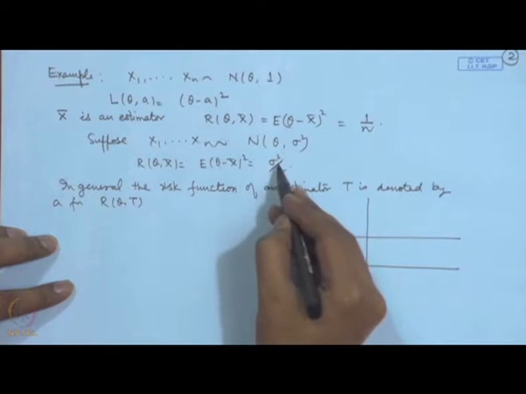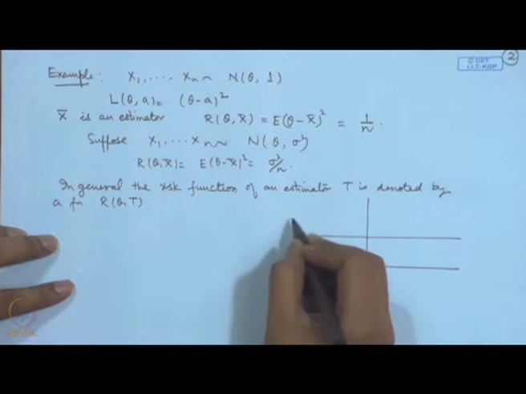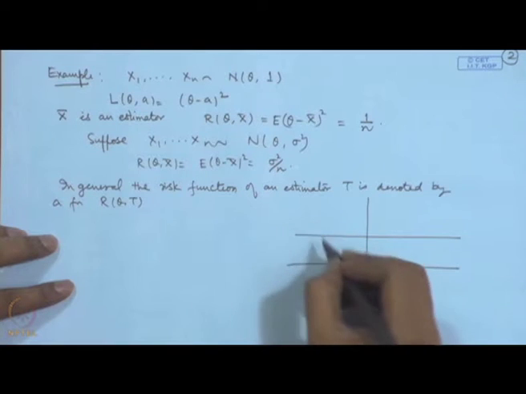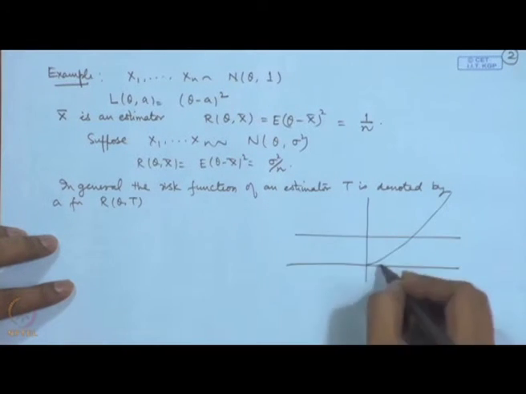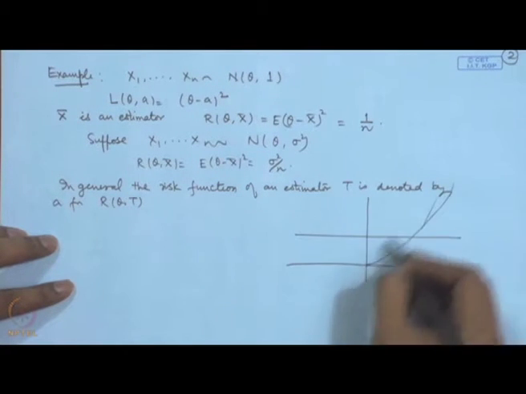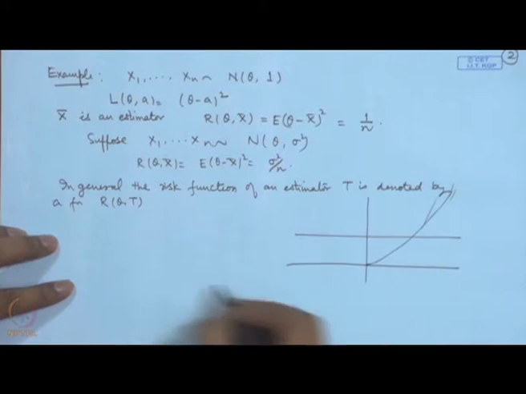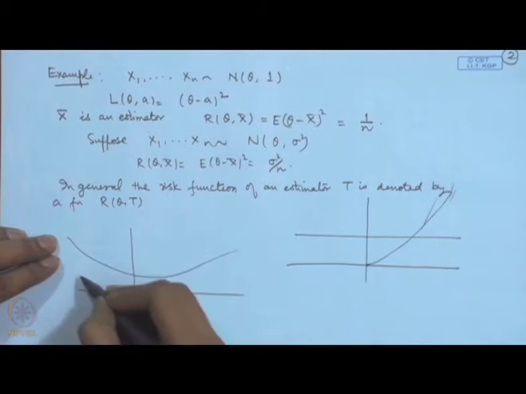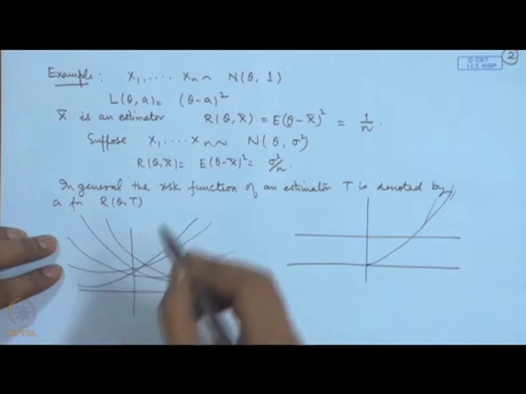But if you are considering sigma square by n and sigma square may change, then depending upon the value of sigma square you may have a curve. If we plot it as a function of sigma square, then it goes up and up. As sigma square tends to infinity, this goes to infinity. At sigma square equal to 0, this is equal to 0. In general, the risk functions of various estimators for a certain parametric function will be depicted by certain graphs.